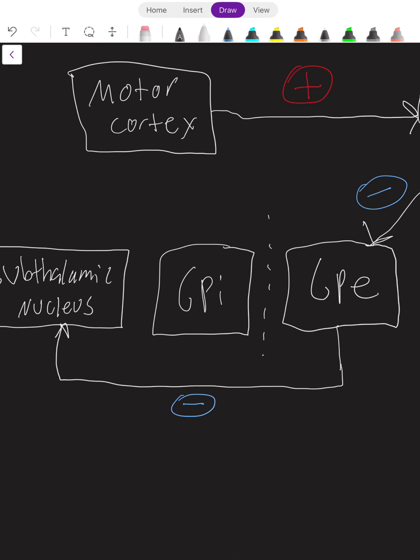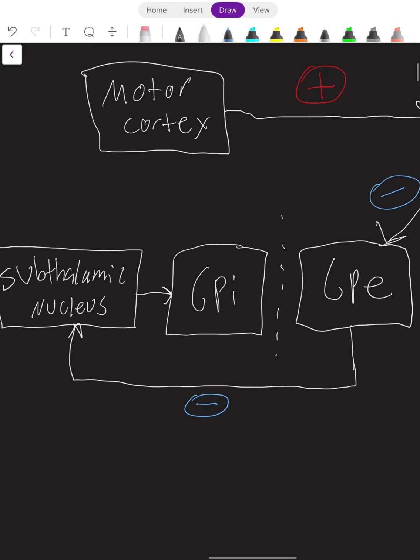From the subthalamic nucleus, we're going to go to the GPI, so the globus pallidus internus. And then from the GPI, so there's the thalamus. So subthalamic below, and then thalamus above. And that's going to send a signal like that, and that's going to be an inhibitory signal.